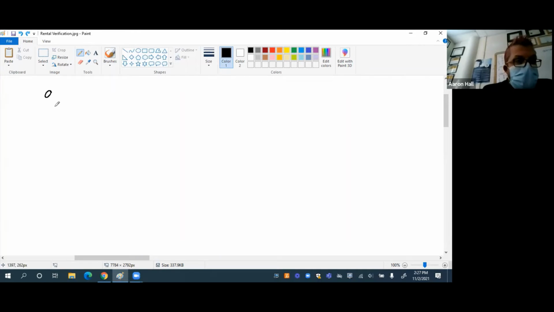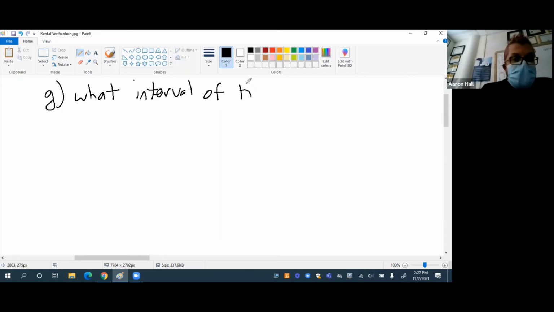Let's do G. What interval of time is the particle moving to the left?